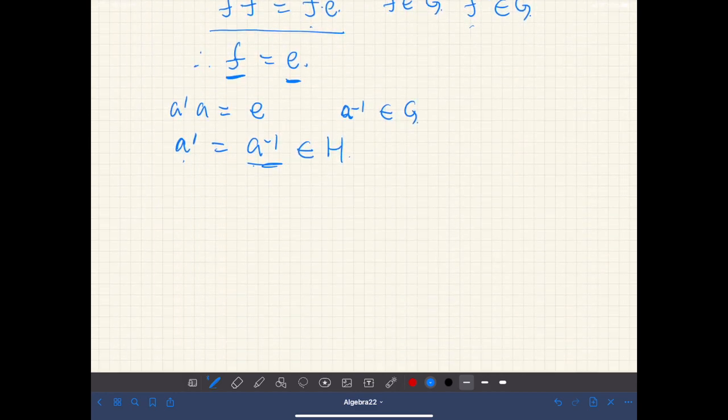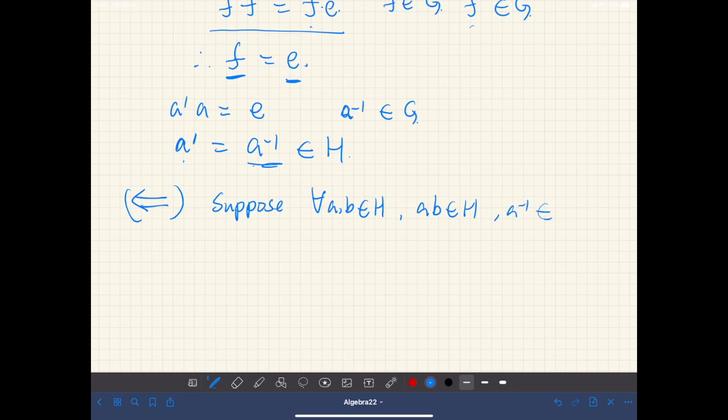Okay, so the second condition is satisfied. So that's the end of the only if part. Next we prove the if part. Conversely, suppose H is a non-empty subset of G, and for all A, B in H we have AB in H and A inverse in H. So this is the assumption here.